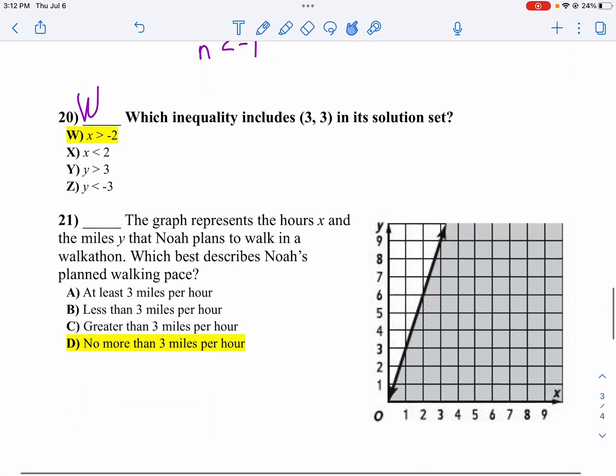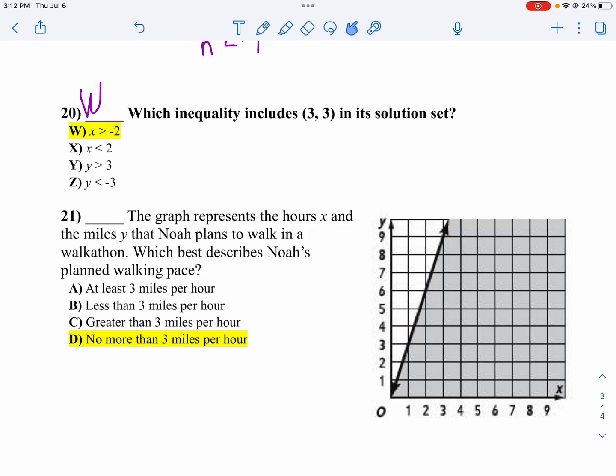And in 21, the graph represents the hours x and the miles y that Noah plans to walk in a walkathon. Which best describes his walking pace? His walking pace is going to be a slope, isn't it? So if I look at my slope here, starting at 0, let me draw the slope triangle in here so we can trace it.